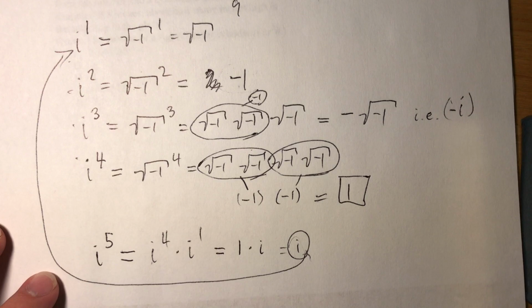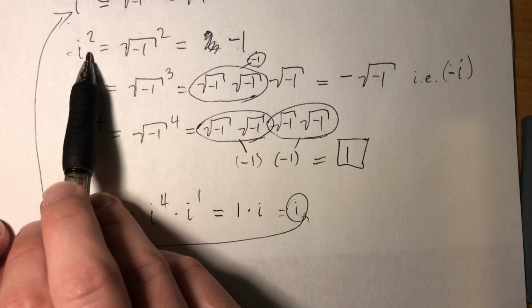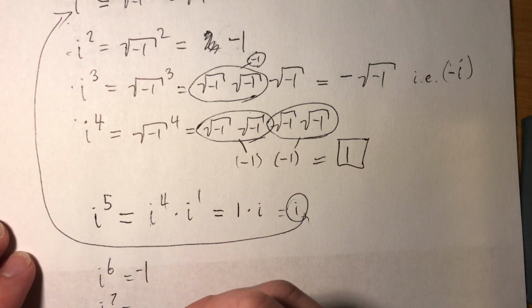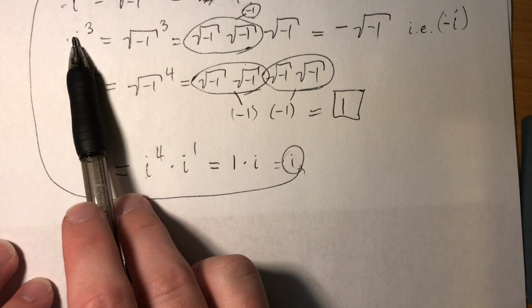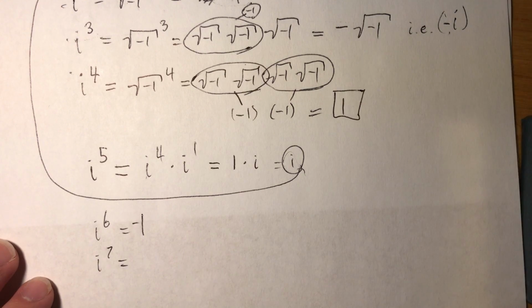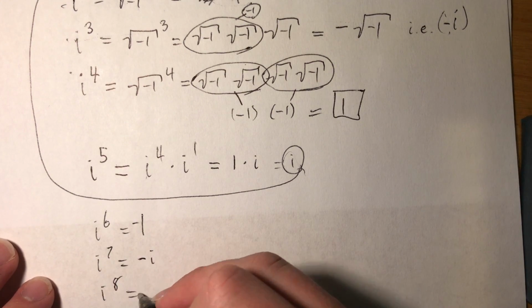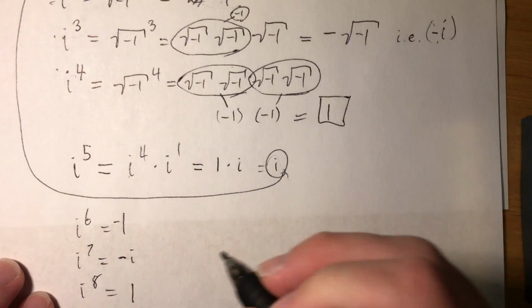So i to the 6th will be the same as i squared, -1. i to the 7th will then be the same as i cubed, which equals -i. And then i to the 8th is the same thing as i to the 4th, which is just 1.